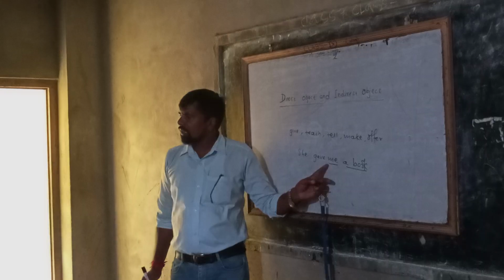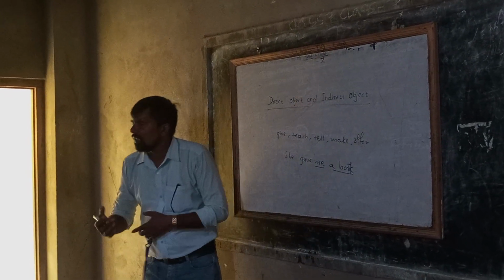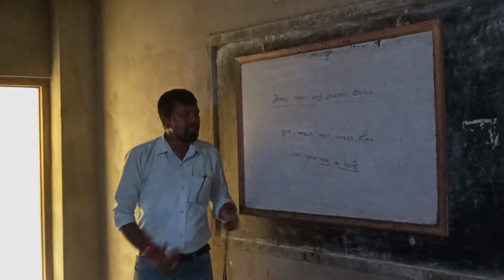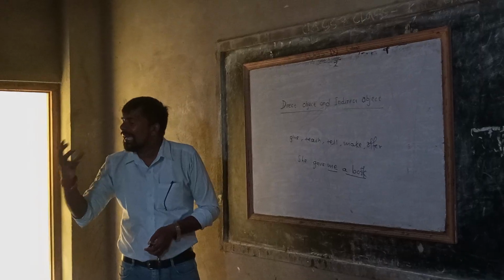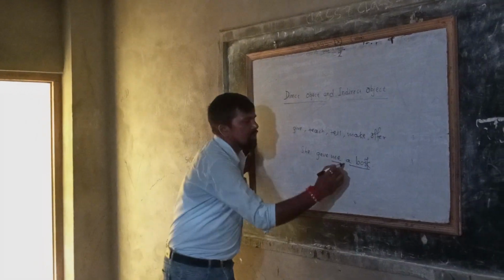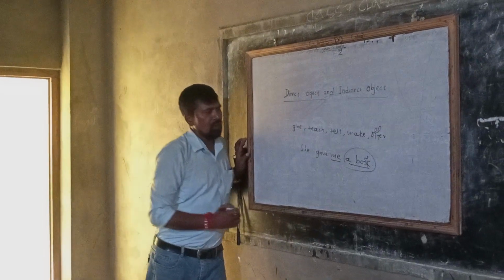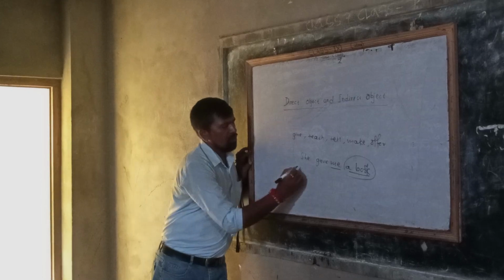Which one is the living object? Me. Me is a living object, meaning the receiver, the recipient. So always the receiver means the indirect object, and the other is the direct object.